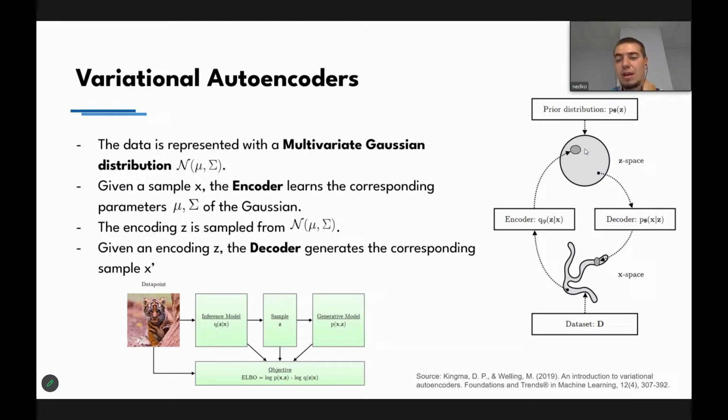At the same time, we want it to be close to some sort of initial prior distribution, so our model doesn't go haywire and spread the images all over the infinite space, right? So this is also a small condition that we have.